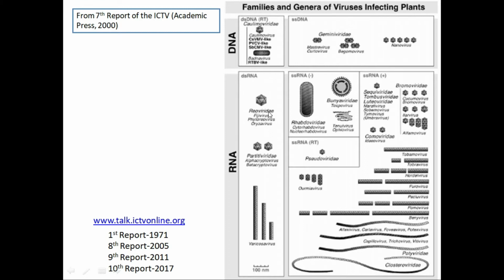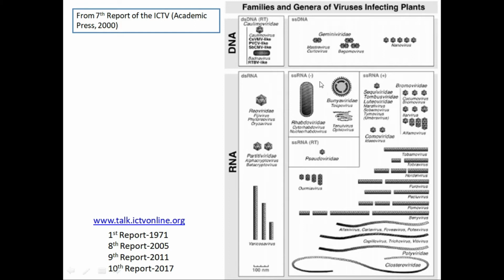Reoviridae is a family under which we have some genera, and Partitiviridae is another family under which we have some genera. So these genera have double-stranded RNA as genome. All right. Then we have single-stranded RNA. So we see that the majority of the plant viruses have single-stranded RNA as the genome.